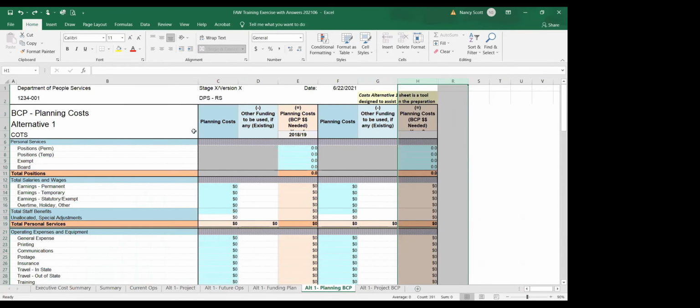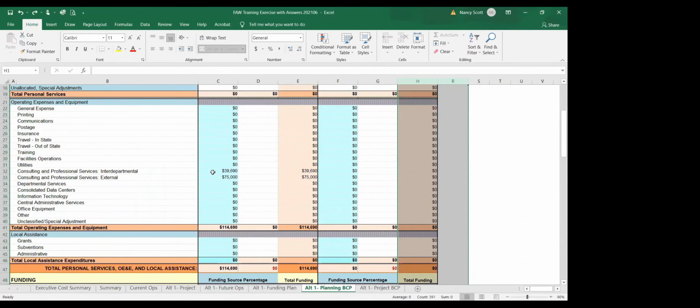I could look at this sheet and know that a department's BCP should match these totals, and these are the categories that most likely they would be under. So all of these would be under OE&E, and they would be for professional services. So however the department categorizes them, that's how you would be able to compare and say they need 39,690 and also 75,000.